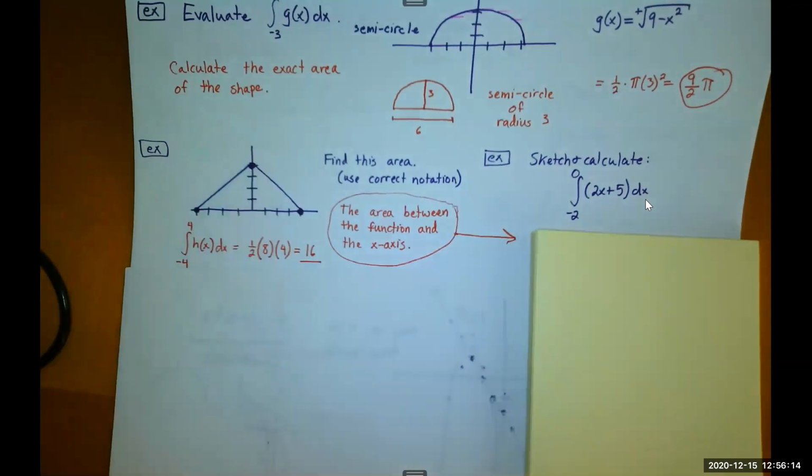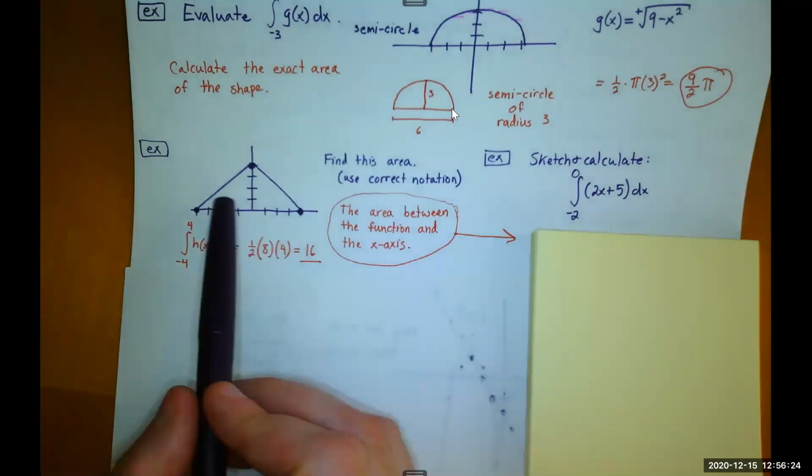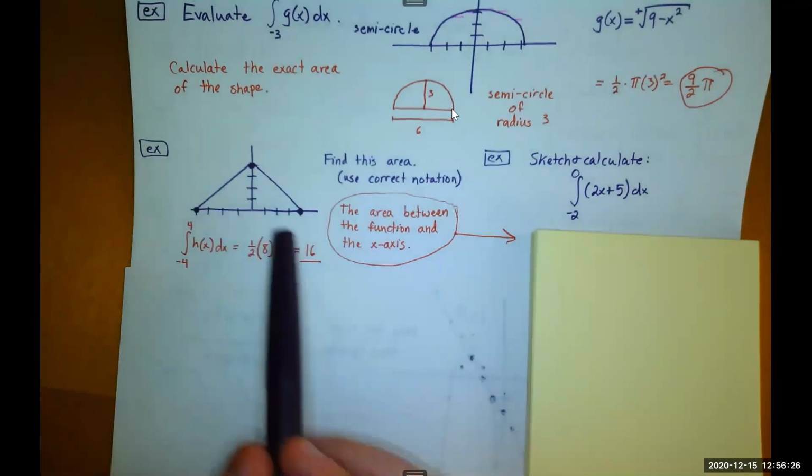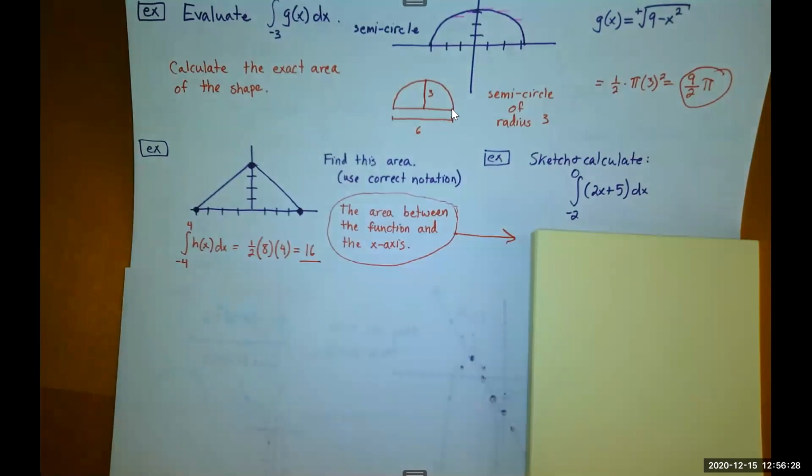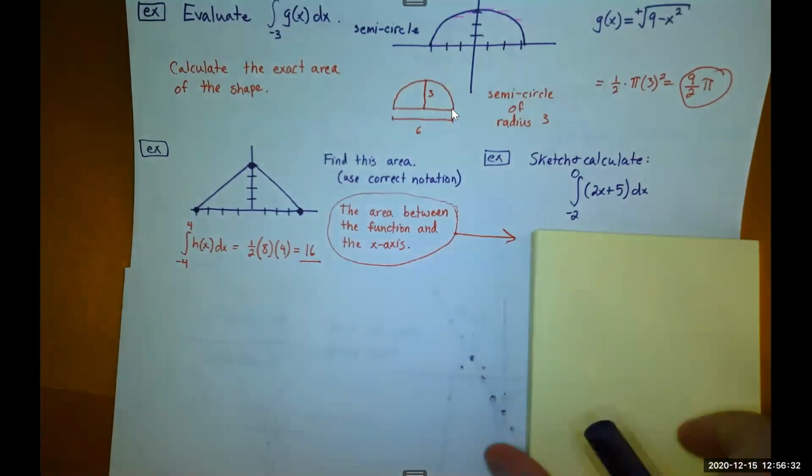So if you didn't call this function h of x, that's okay. I called it h of x. So this is a triangle with a base of 8 units, a height of 4 units, an area of 16. There's a few things I'd like to mention here because we will build on these later.